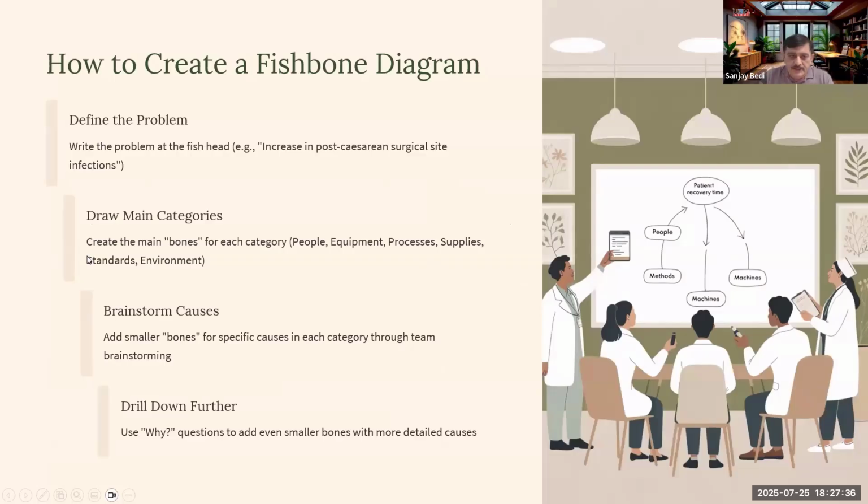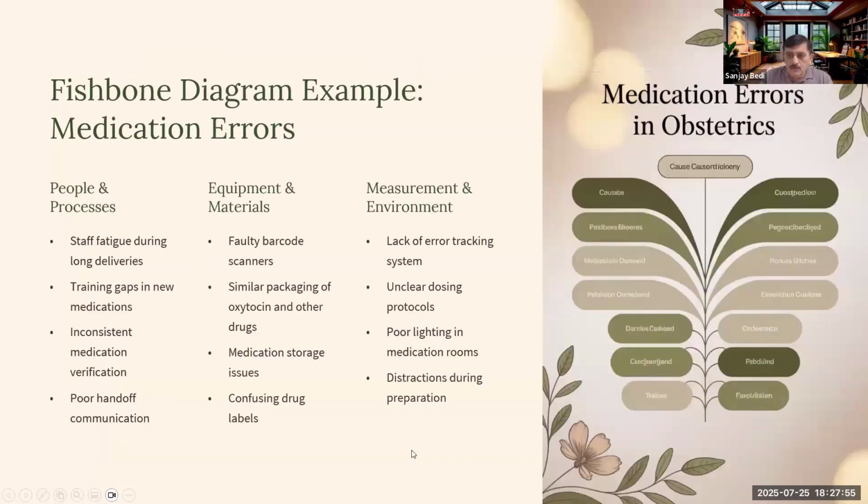Draw the main categories, create the main bones: people, equipment, processes, supplies, standards, and brainstorm the causes. Add smaller bones this way, and drill down further, using the why questions to make even smaller bones. So this way the fishbone appears.